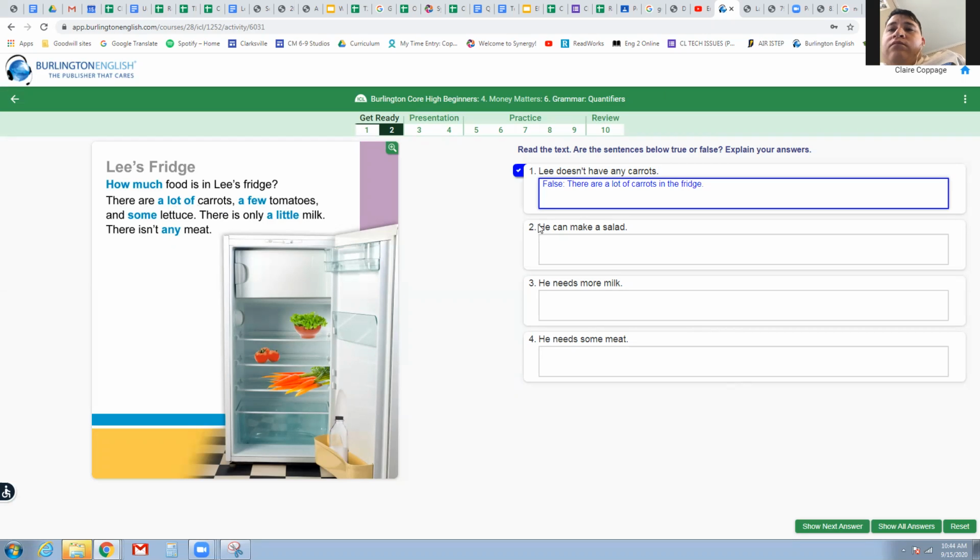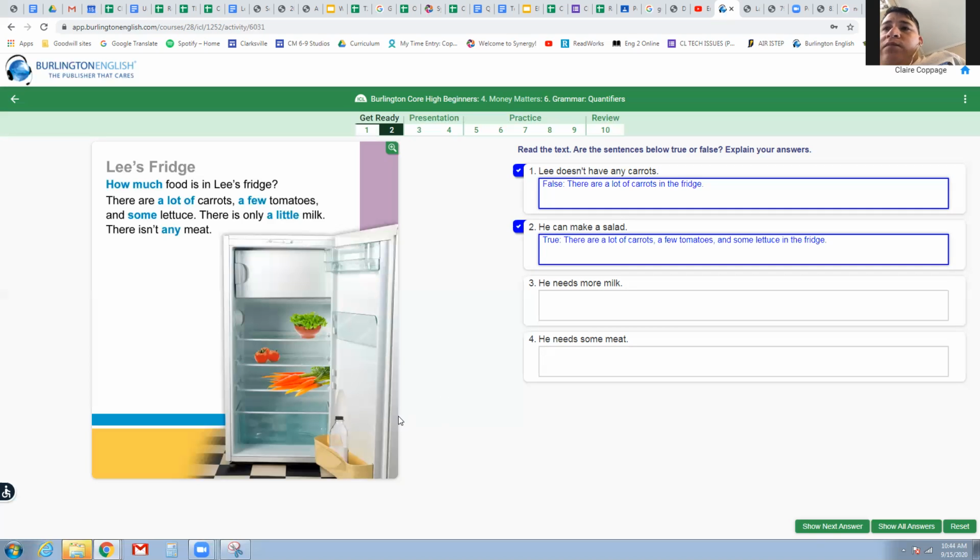Okay. Let's see. He can make a salad. ¿Es verdad que puede preparar una ensalada? Yeah. True. He's got carrots, tomatoes, and lettuce. Number 3, he needs more milk. Yeah.